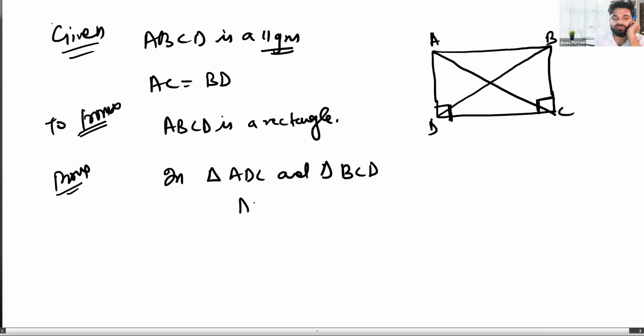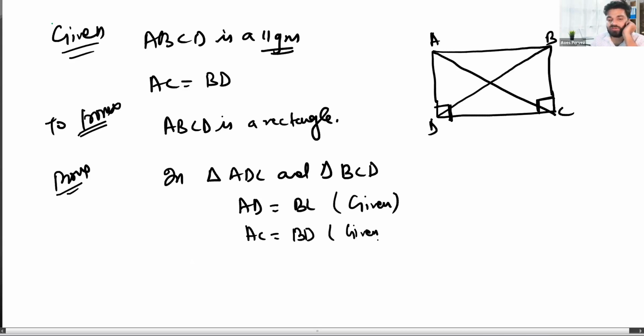AD is equal to BC because they are opposite sides of a parallelogram. And AC is equal to BD because the diagonals are equal, it is given. Very good.